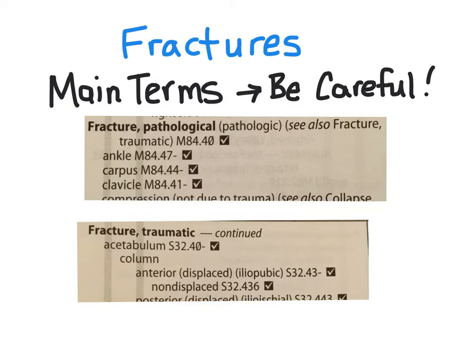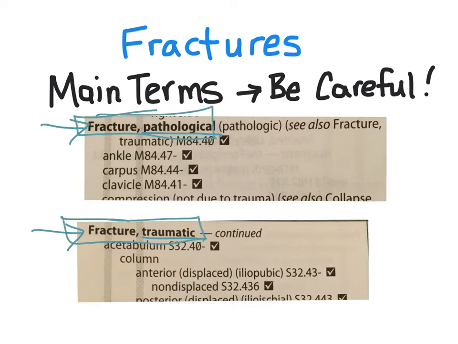On the note of fractures, in the alphabetic index, please mark or highlight in some way to remind yourself that there are two main terms when it comes to fractures. We have fracture pathological and fracture traumatic, but notice they are full main terms here, not subterms.